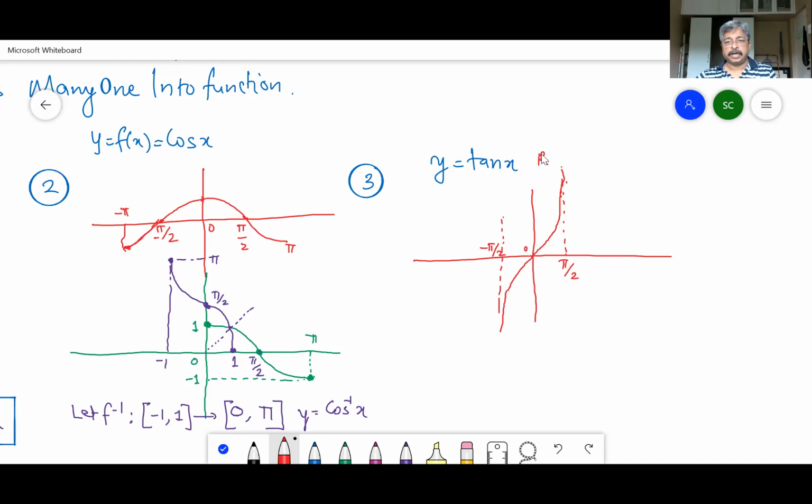I mean, the codomain is real numbers. So the convention is to define the tan function, and tan inverse. Now this π/2 and -π/2 will not be achieved by tan, and therefore we will have our domain as -π/2 to π/2.